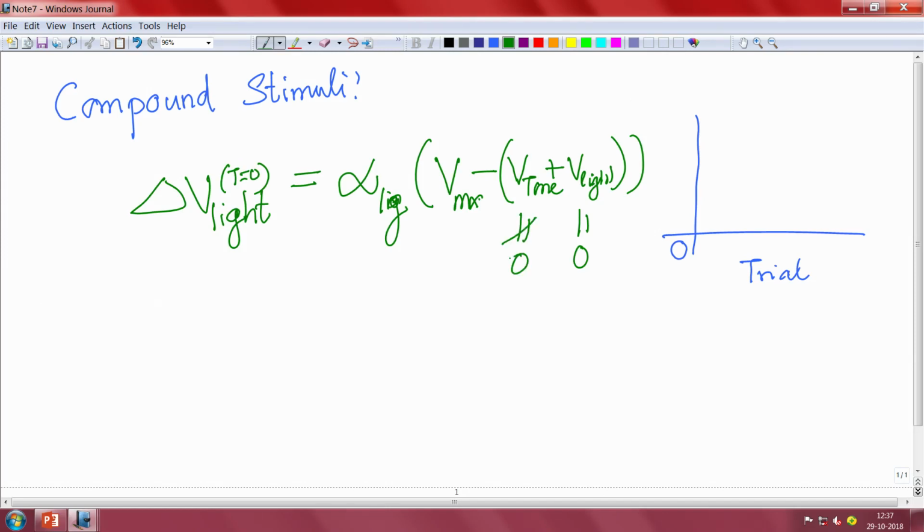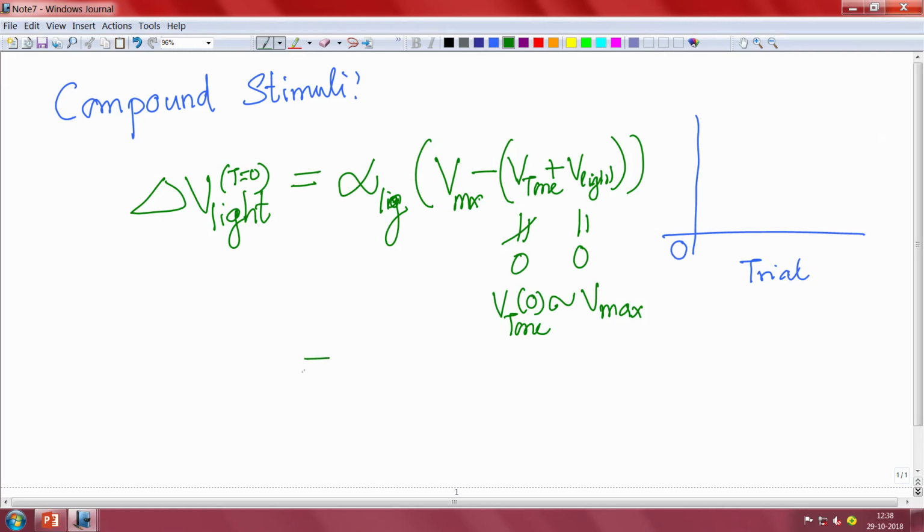In fact, if you do the pre-training well, the V tone at the start of the trial is almost equivalent to V max, because V the US is common between the tone and the light and the pre-training. So, the V max here is determined by the US strength and he is not changing that. So, if you really pre-train well, the V tone would be close to V max.